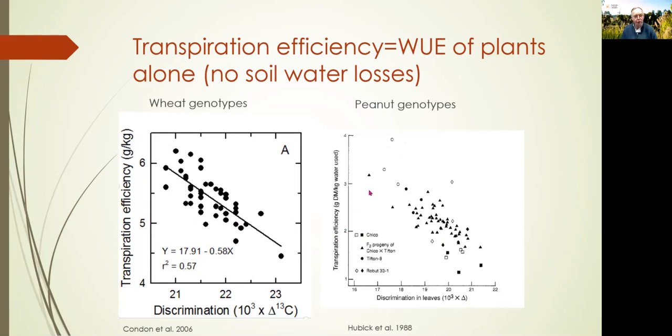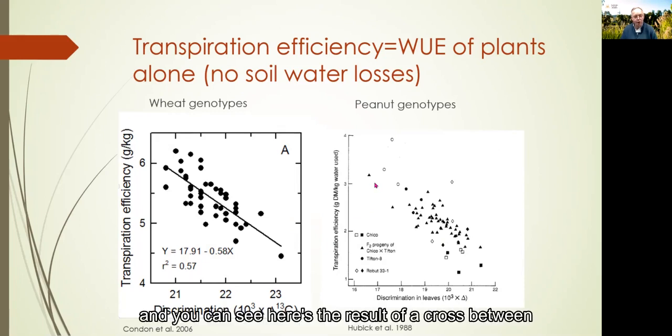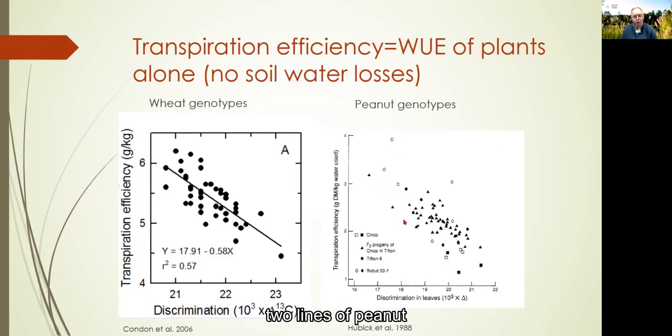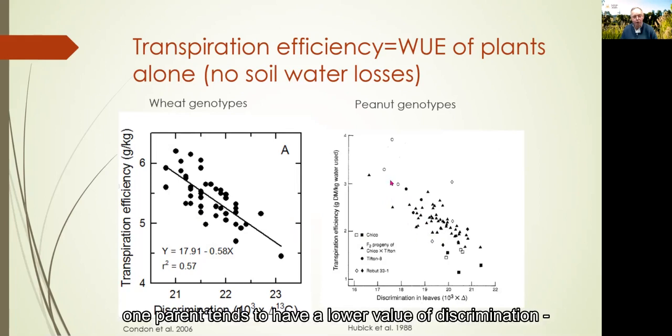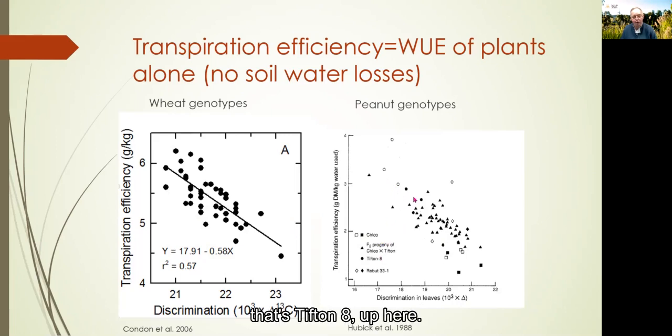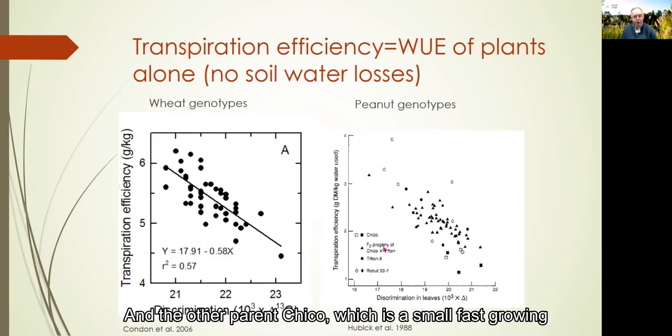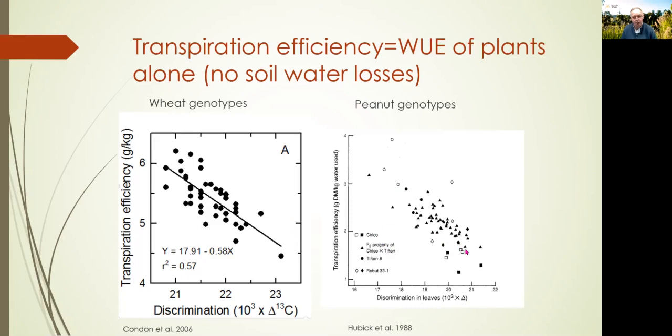Similarly, around the same time, in fact the work on wheat and peanut were about the same time, and you can see here's the result of a cross between two lines of peanut, and one parent tends to have a lower value of discrimination, that's Tifton up here, and the other parent, Chico, which is a small, fast-growing peanut, has a high discrimination.